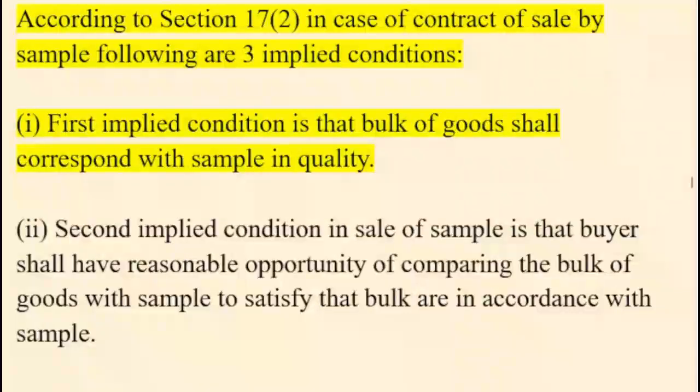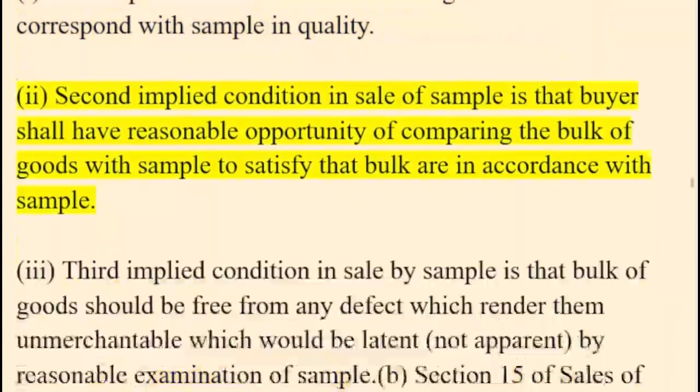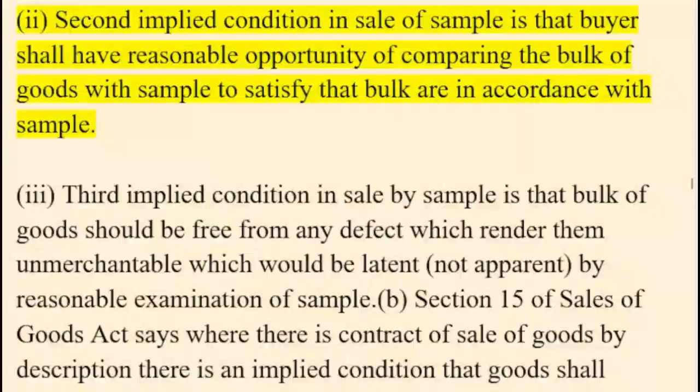According to Section 17(2), in a contract of sale by sample, the following are the 3 implied conditions. First implied condition is that the bulk of goods shall correspond with the sample in quality. Second implied condition in a sale by sample is that the buyer shall have a reasonable opportunity of comparing the bulk of goods with the sample to satisfy himself that the bulk is in accordance with the sample.